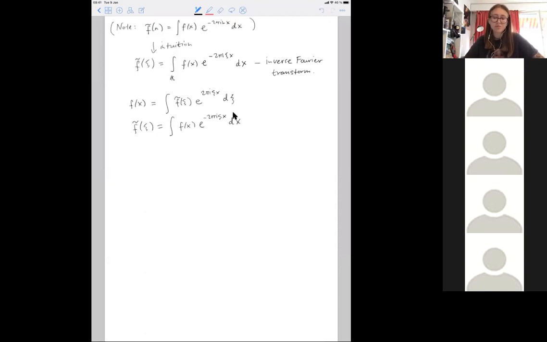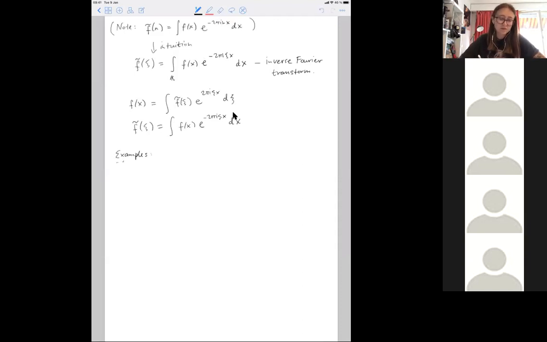Essentially this just means that if we apply the Fourier transform to the function f and get f tilde, and then apply the inverse Fourier transform to f tilde, then we get the function f back. Which would be useful when we consider the delta function a bit later.